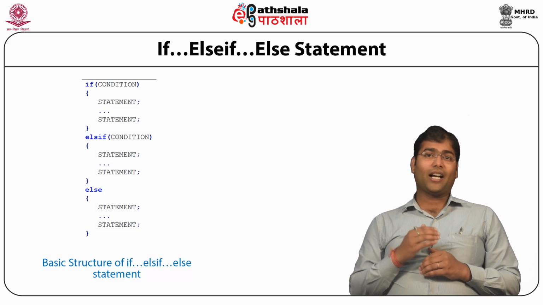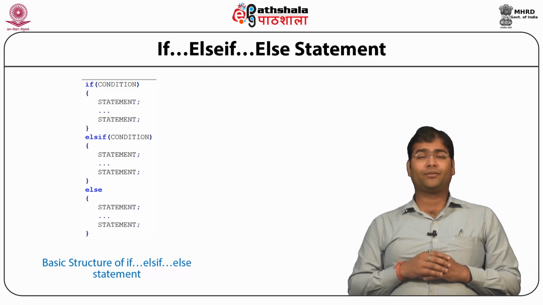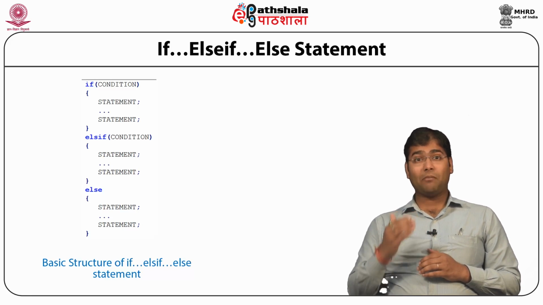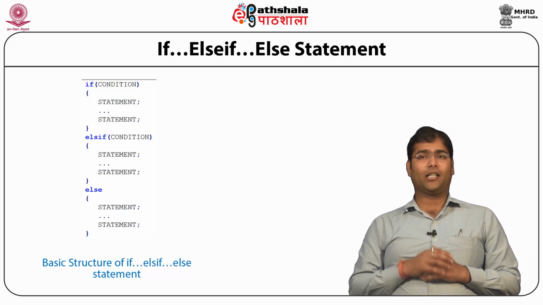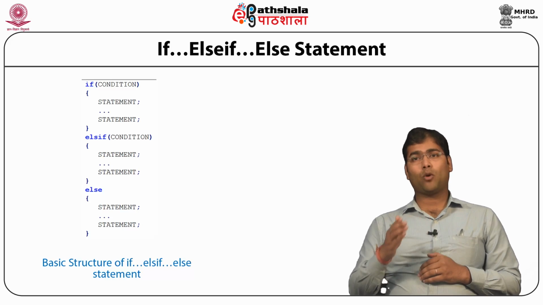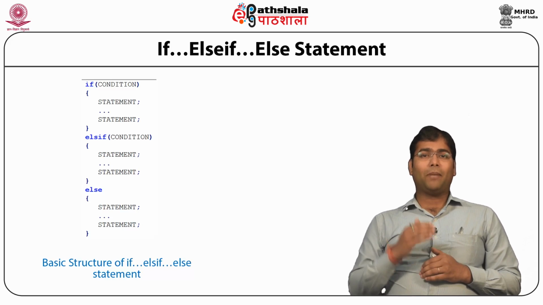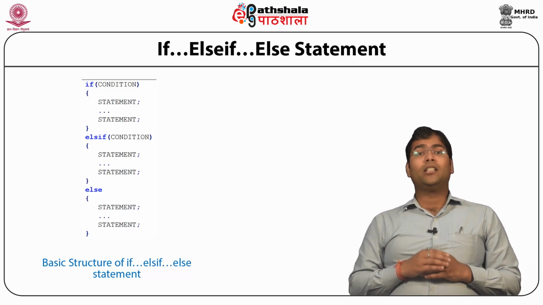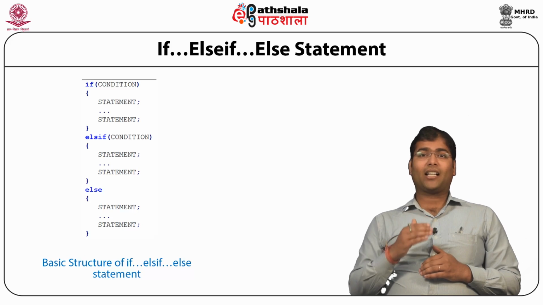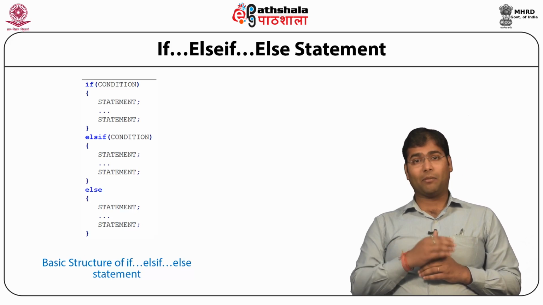The third conditional statement is the if elsif else statement. In the if elsif else statement, we can execute statements on the basis of several conditions. It will check all the conditions and execute the program where it finds the condition is true. The basic structure of the if elsif statement is if, under brackets the condition, which can be an expression also, and in curly braces statements.